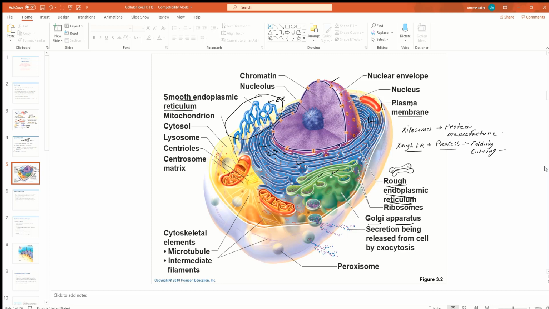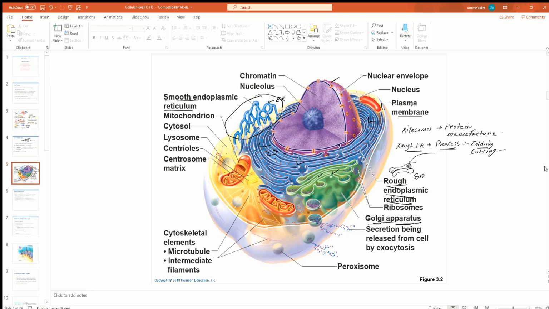The protein molecules processed in the rough ER enter from the rough ER into the Golgi apparatus.